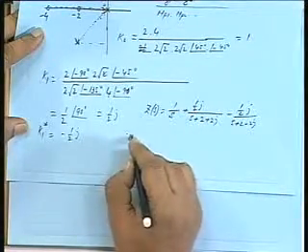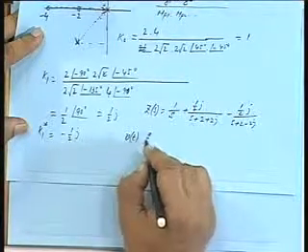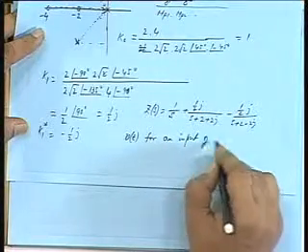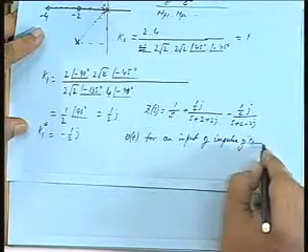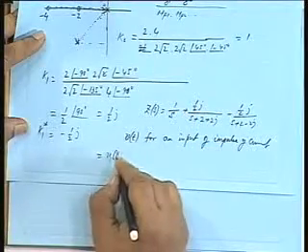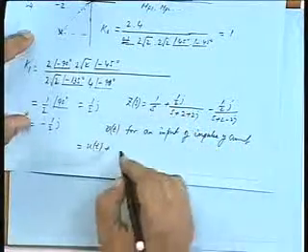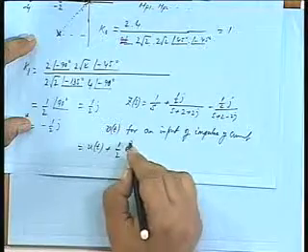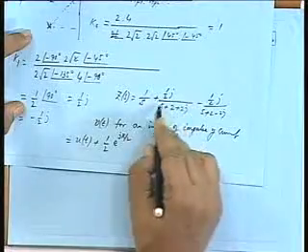So if I am permitted to write Vt for an input of impulse of current, this one will be 1 by s, so ut, plus, how much will be this? This can be written as half of, j can be written as e to the power j pi by 2. What about this?